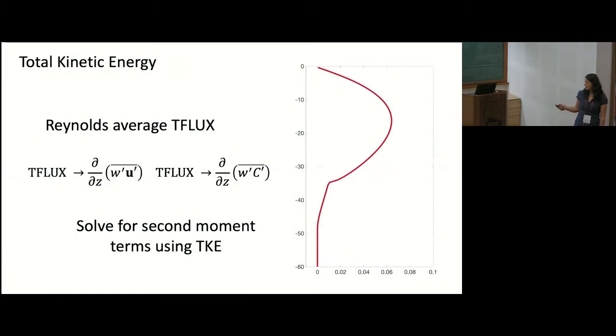Oh, you're not calculating it directly, you're inferring it through other physics parameters. Yeah, that's a good point. You're not calculating. This is still ultimately a parameterization. So you're still coming up with an approximation for these terms, but it's using physics within the total kinetic energy equations instead of empirically deriving it like KPP does. Yeah, good point.